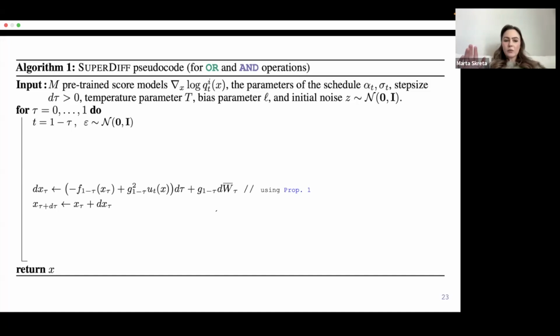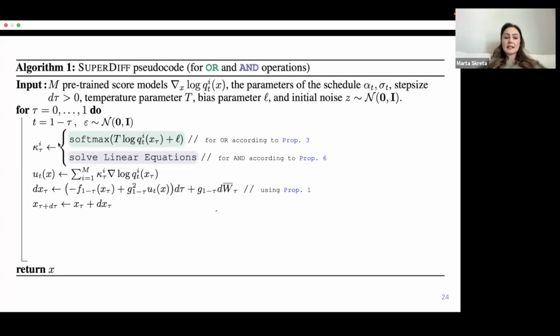But now if we want to use SuperDiff in order to sample from two models, what we would do is compute some weighting value, some kappa, which is either for OR, a mixture of densities, where we weight proportionally to the densities of every model, or for AND, solving for a kappa value which equally samples from every one of the models.